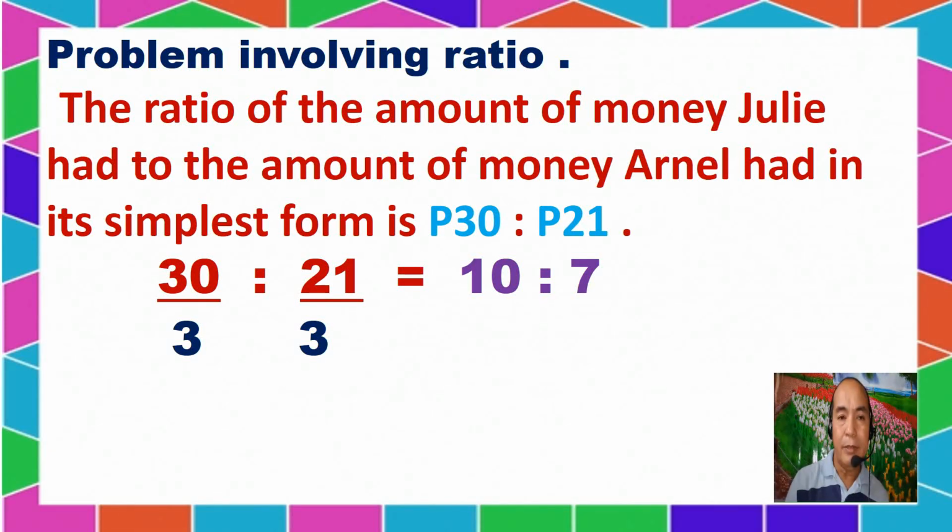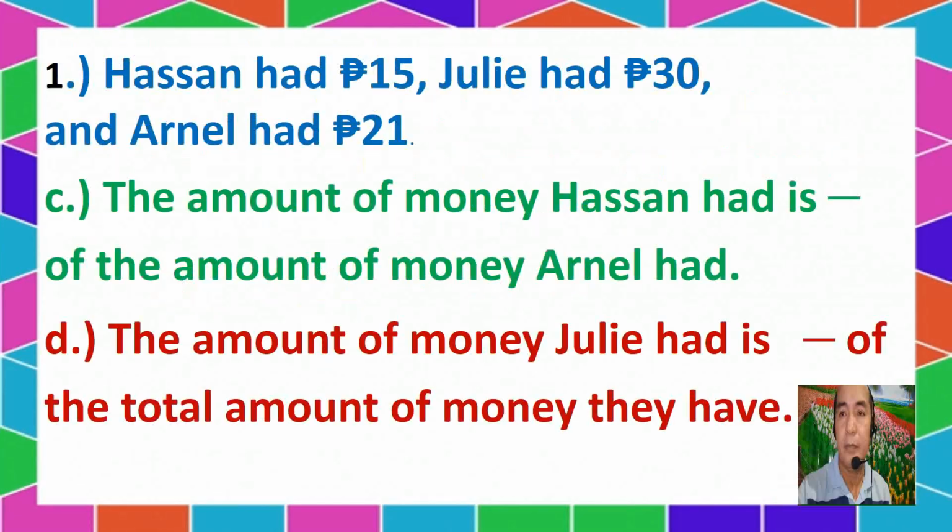So that this will now become the simplest form of the ratio. So from 30 is to 21, it will now become 10 is to 7 by reducing the ratio going into its simplest form. How do we reduce the ratio? We find the greatest common factor of 30 and 21.